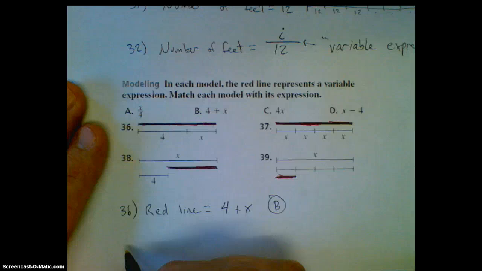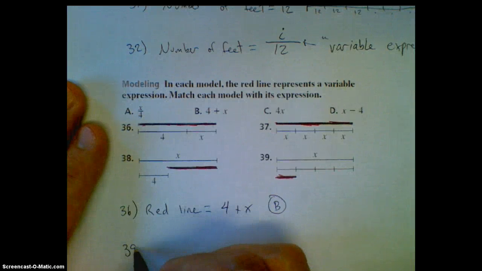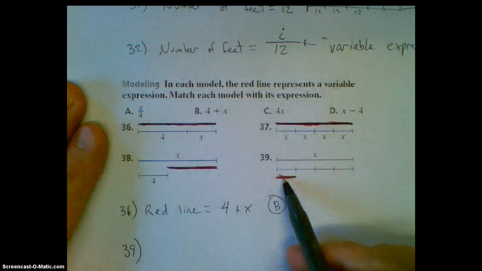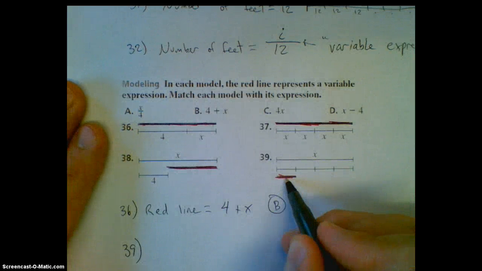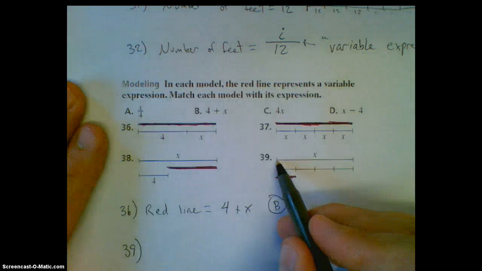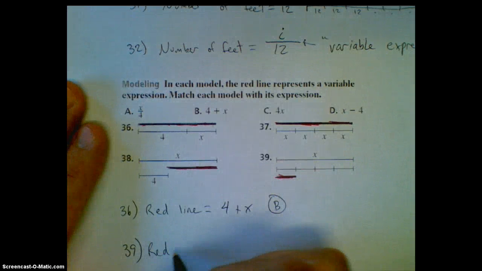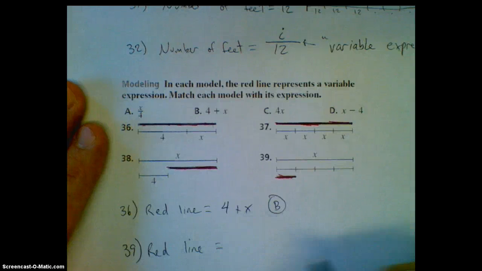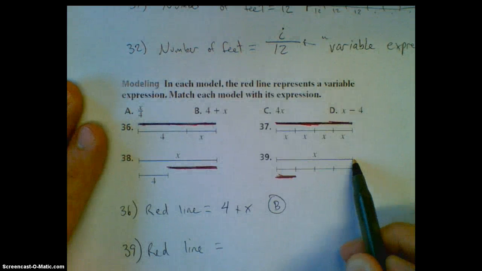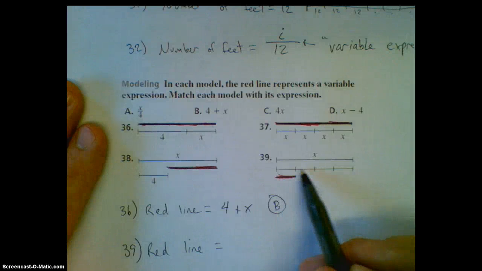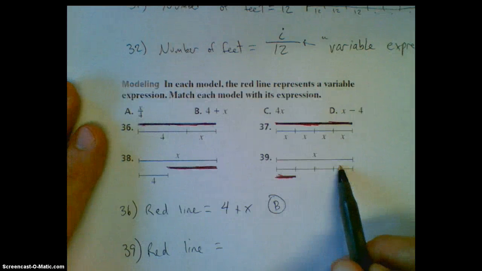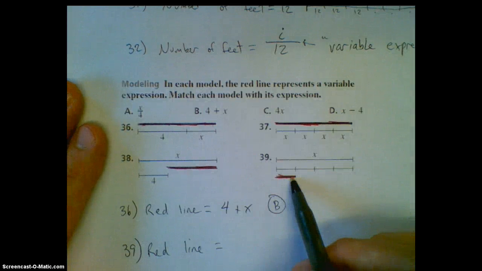How about, let's do 39. Now I've got the red line again, but it's much shorter. Now I've got x. The red line equals, well, I'm given x, and I notice that the length of x is broken up into 4 parts, 1, 2, 3, 4, and the red line is one of those parts.